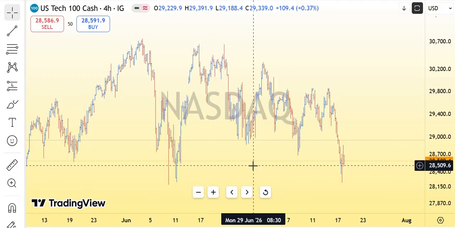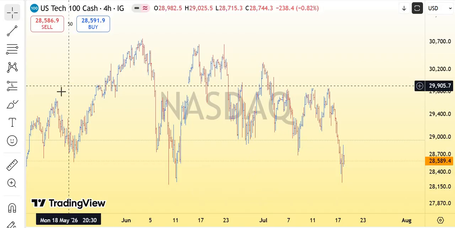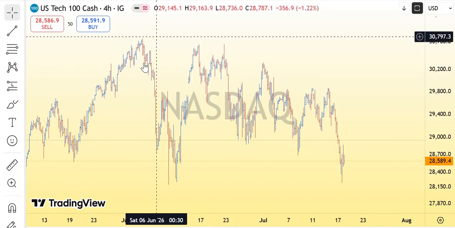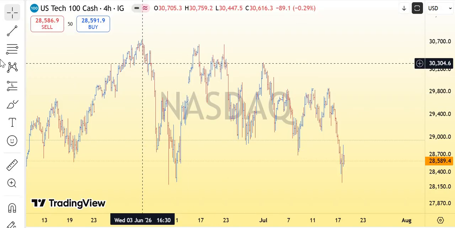If somebody wants to trade patterns like head and shoulder, triangles, and Elliott Wave is also a pattern study, it's better to use bar charts, right? So coming back to the point, let's see what the 4-hour chart of NASDAQ has for us.